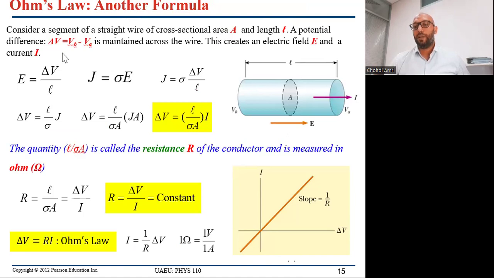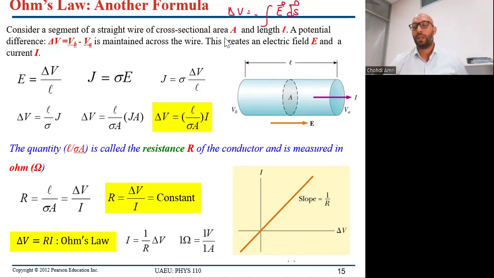Another formula of Ohm's law. If we consider a segment of straight wire of cross-sectional area A and length L, a potential difference delta V is maintained across the wire. This creates an electric field E and a current I. Of course, we know that E equals delta V over L. From this equation, delta V equals minus E ds.